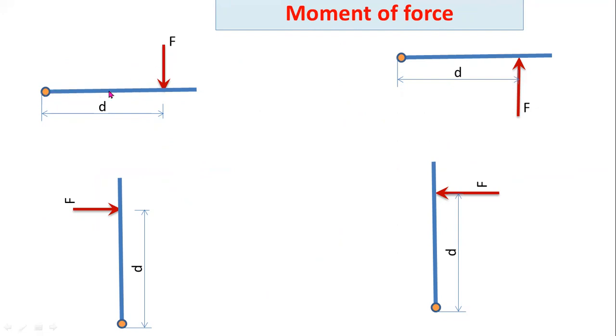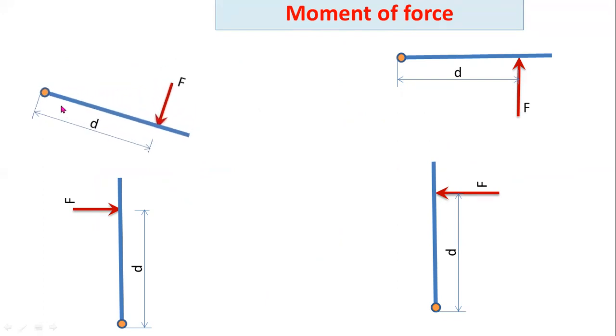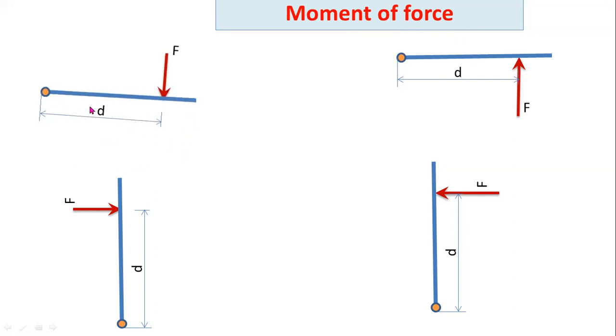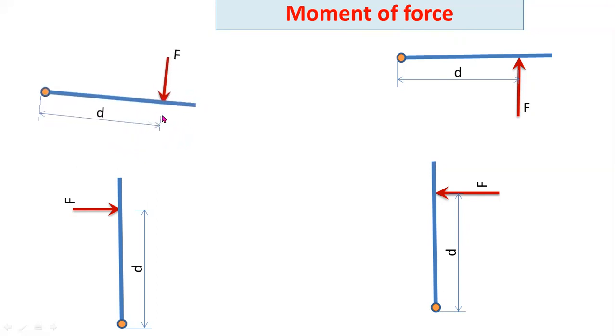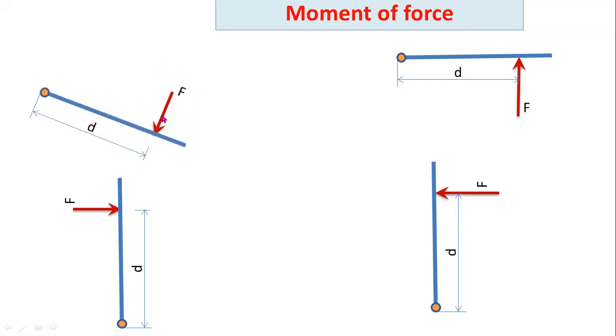This is a horizontal supporting rod. When a vertical load is acting on the rod at a distance of d from the turning point, then the rotation is like this. This is the possible rotation.